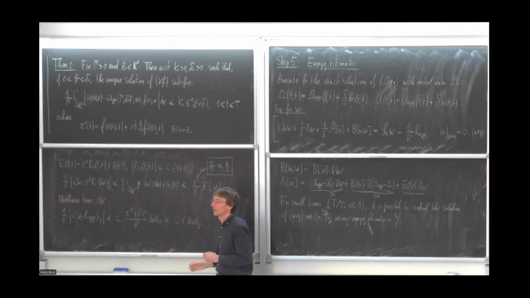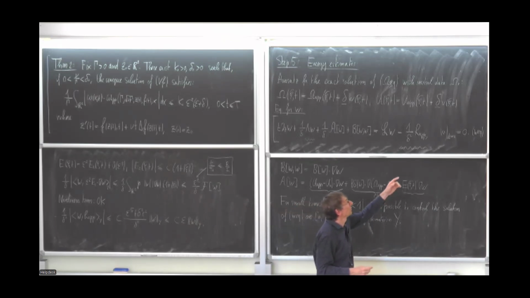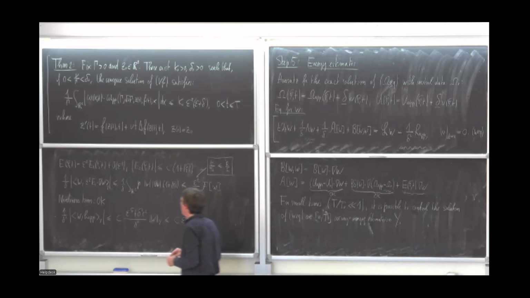Then you can use your inequality, so you can give W square T and you obtain epsilon square, so this is okay. So you obtain a differential inequality for your energy, which is of the form, let me just write this.